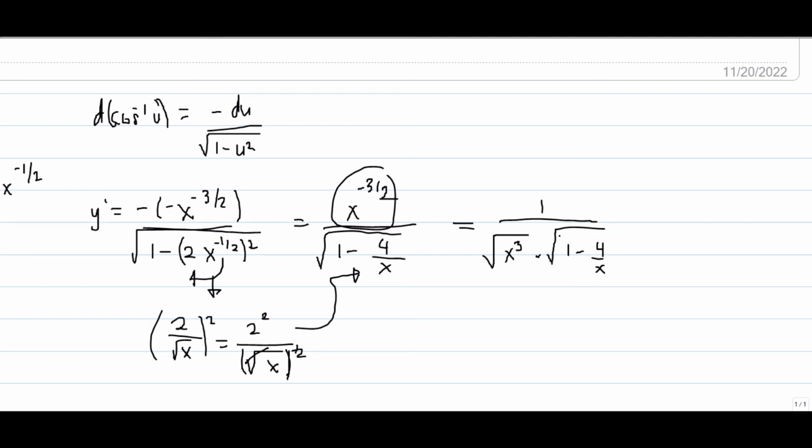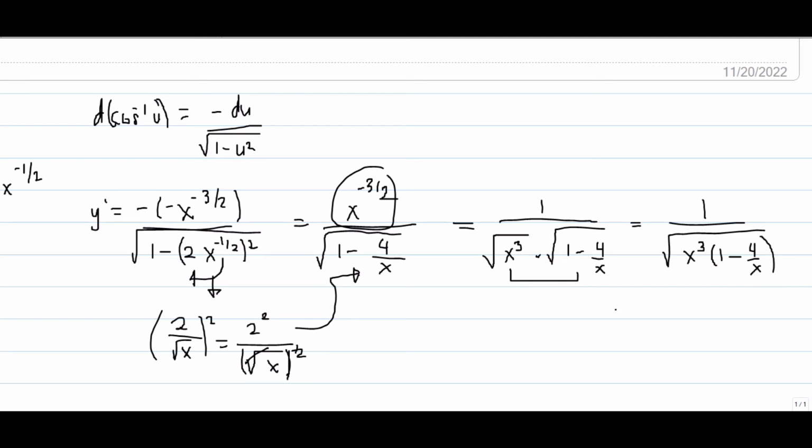In this case we have the same index for the radical symbol, so we can multiply both radicals. So we have 1 over the square root of x cubed times 1 minus 4 over x.